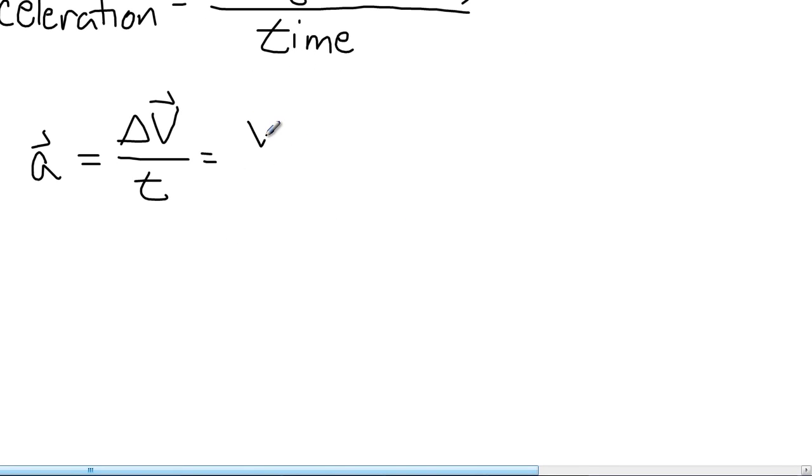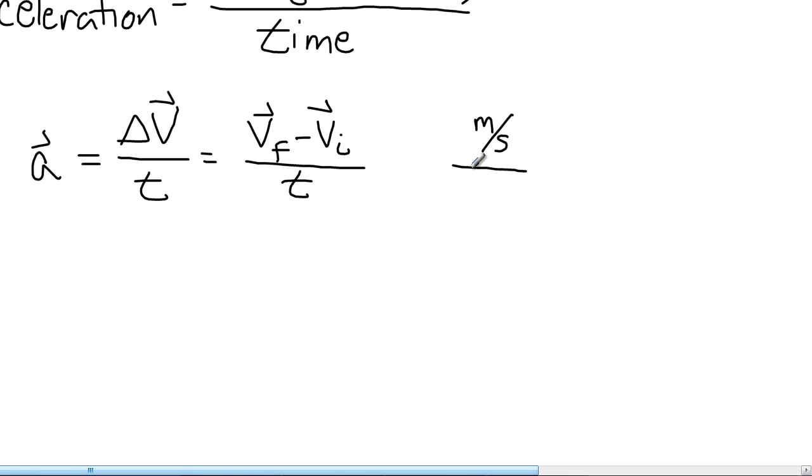Instead, we want to write it as this: our final velocity minus our initial velocity, all over time. Now if I look at this, the units for acceleration can be derived or analyzed through this equation. And so the units for velocity are going to be meters per second.